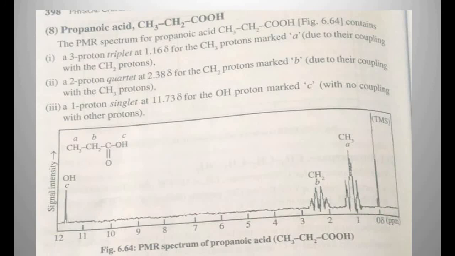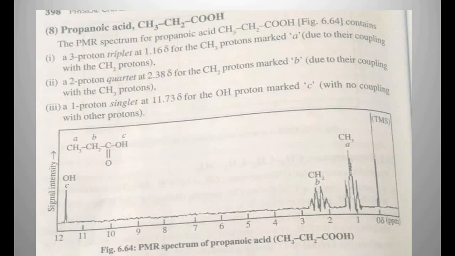Propionic acid can be considered as CH3, CH2 and C double bond OH. So we have 3 different types of proton represented A, B and C. First the CH3 proton is a 3 proton triplet at 1.16 delta, marked A, due to its coupling with the CH2.